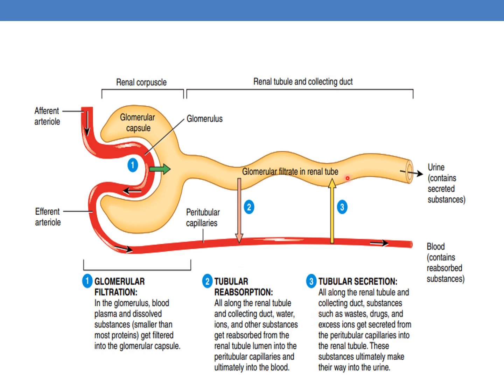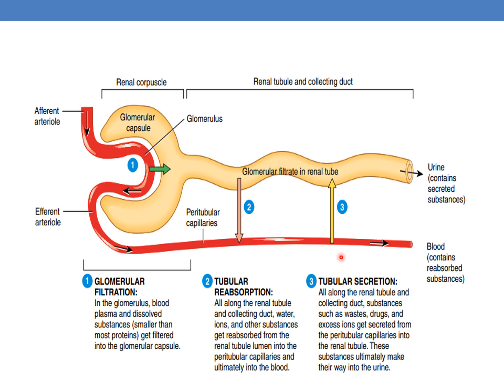And the third step is tubular secretion. All along the renal tubule and collecting duct, substances such as waste, drugs and excess ions get secreted from the peritubular capillaries into the renal tubule.